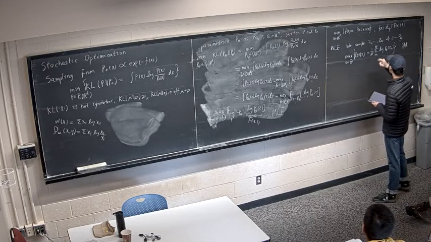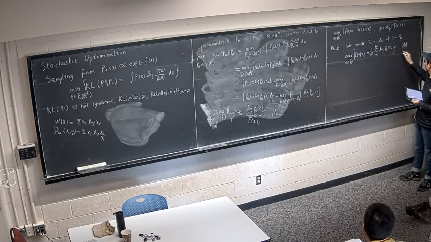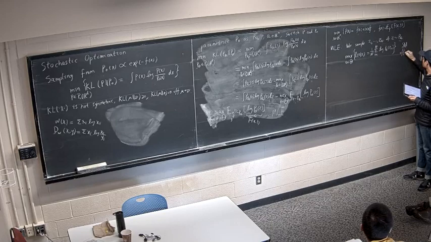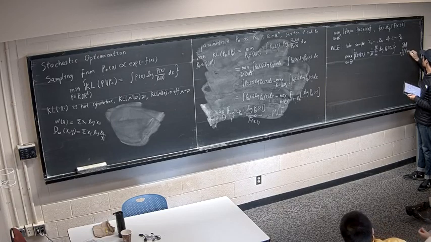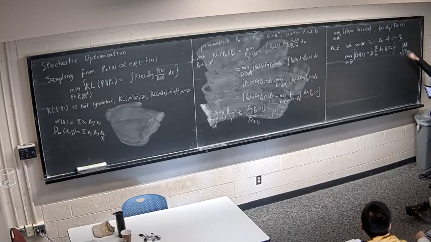Because we first take samples and then optimize, this becomes an offline approach, because the stochasticity is separated from optimization. After you take samples, it becomes deterministic. So this is an offline approach.